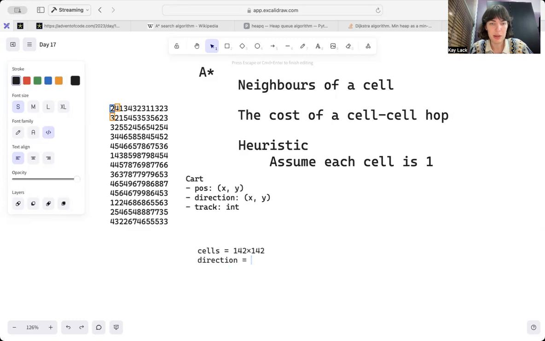We can be in one of 4 directions, and we can have our track be, well, we must have gone some cells in a particular direction, or at least most of the time.